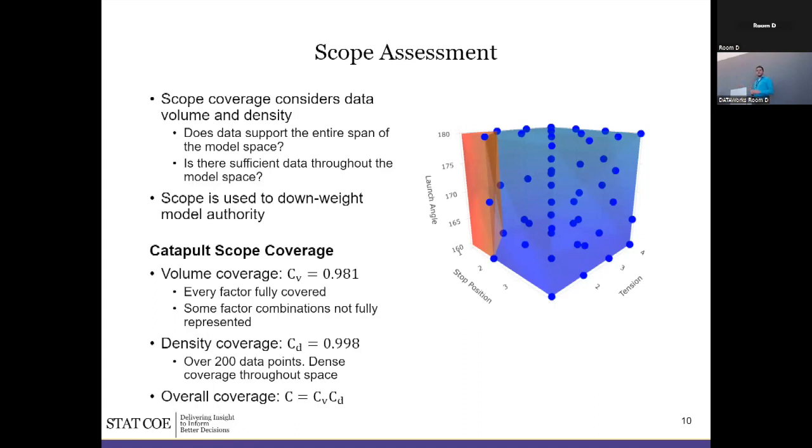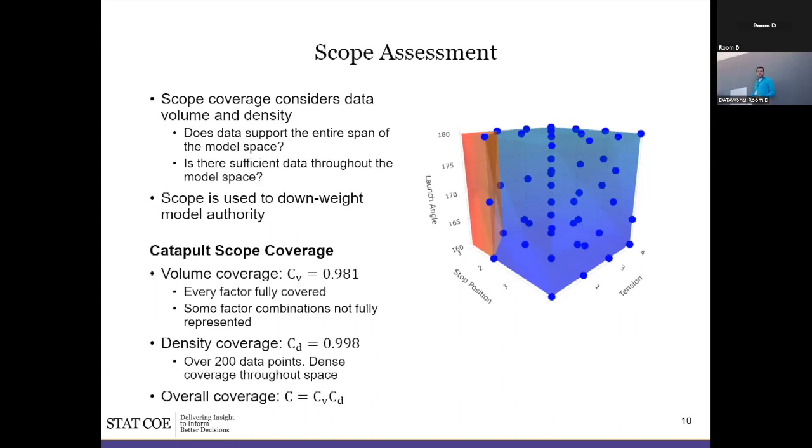So we can look over here at our 3D data spread on the right, and the red portion that you see is the actual extrapolation risk. So you can see that there's only a small piece that we're missing. In any given dimension, we match the entire spread, but there is a specific factor combination that's missing. And so that would be an extrapolation risk.